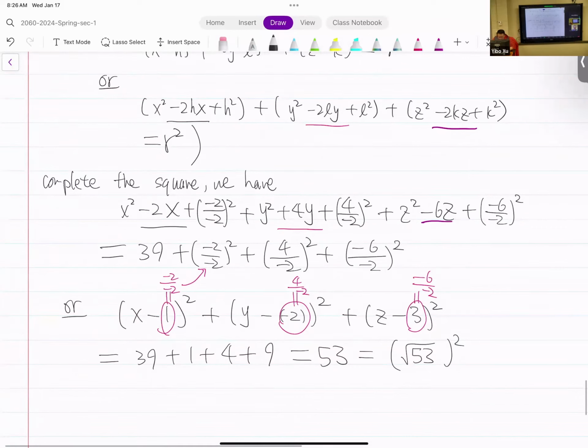And now, here we are able to conclude what that center is.